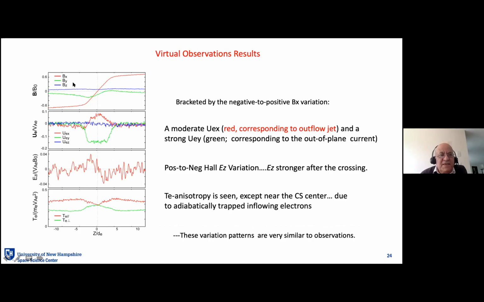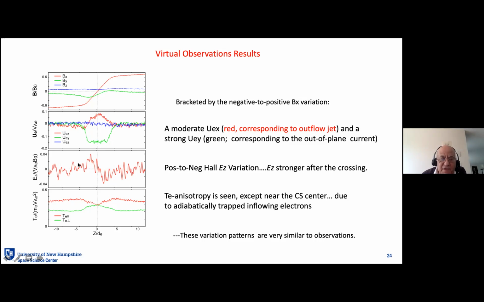What it sees here, so here we have the components of B, the components of V, the EZ, and the temperature. In between the negative to positive BX variation, we have first of all a moderate, this red one, and a strong, this green one, also with this funny profile, out of plane flows of the electrons.